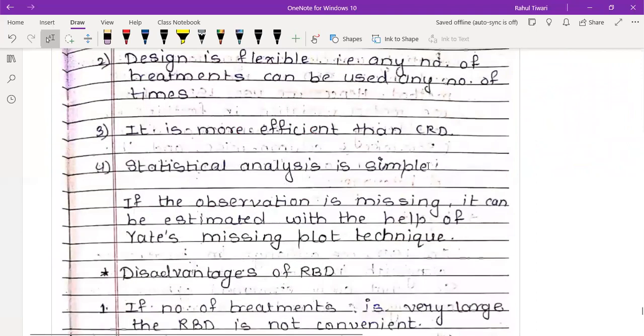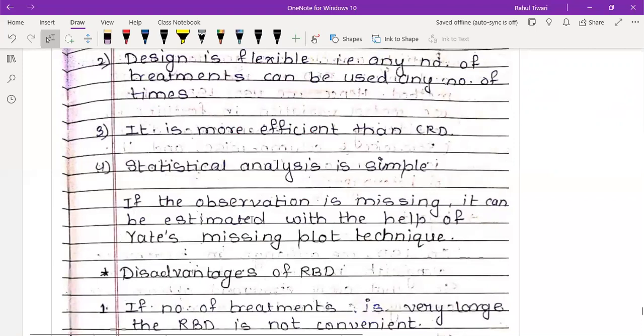Statistical analysis is simple. Actually, you can say it is not that simple, but they have assumed it is an advantage because they feel it is simple. That's why they are putting it under advantages. If an observation is missing, then it is estimated with the help of the missing plot technique.